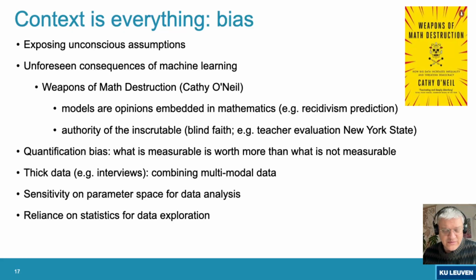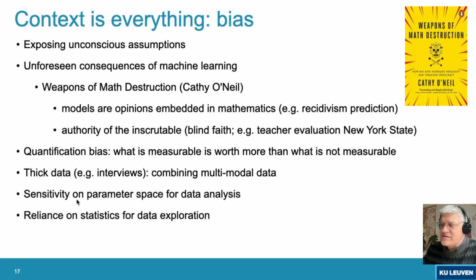She has a background in data science, but she wrote this book which is very accessible and gives examples of where machine learning methods and statistical methods had very bad and unintended consequences, even though they were made with the best intentions. There were unconscious assumptions that led to different issues. So definitely have a look at that book.